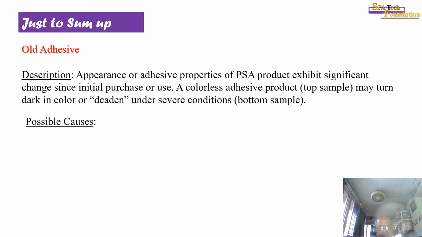Old adhesive. Appearance or adhesive properties of PSA product exhibit significant change since initial purchase or use. The colorless adhesive product top sample may turn dark in color or darken under severe conditions.